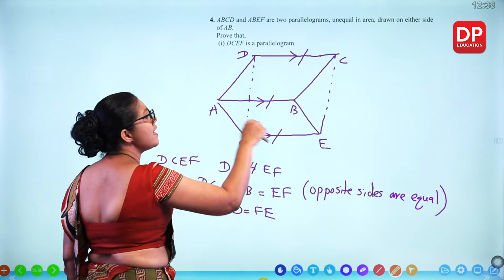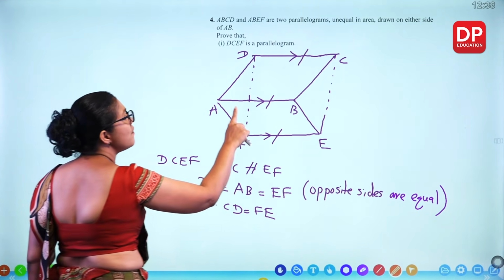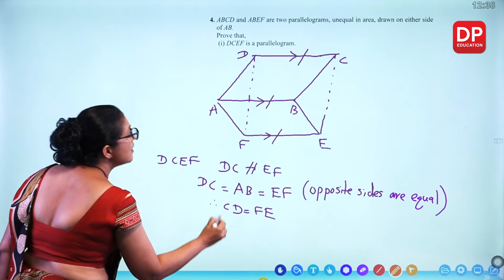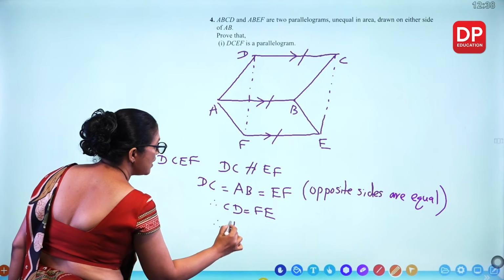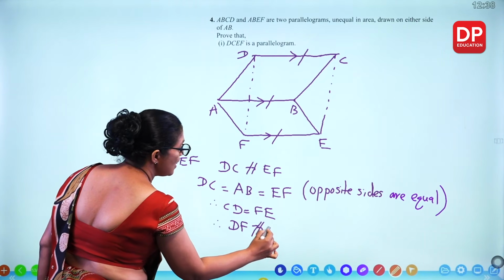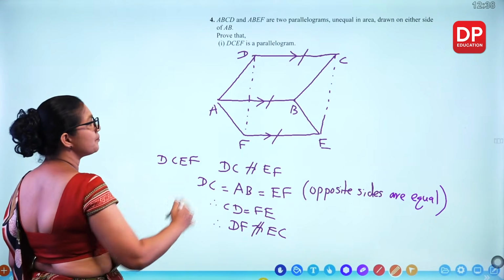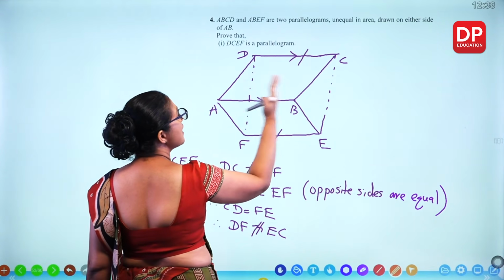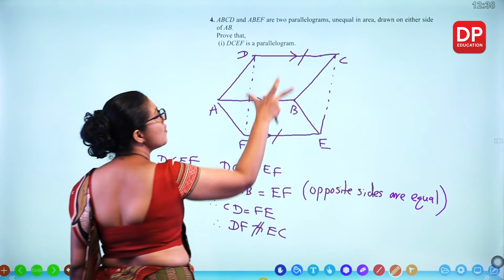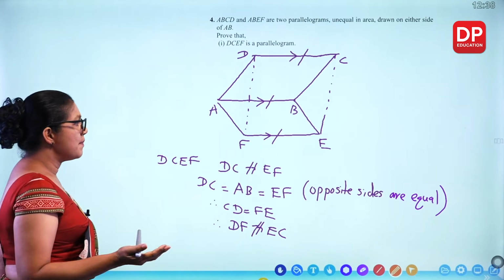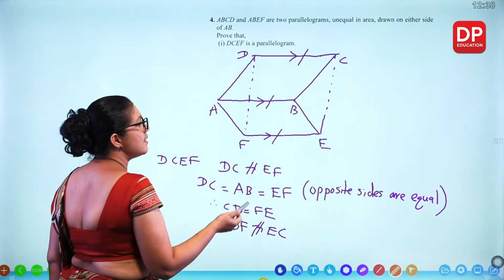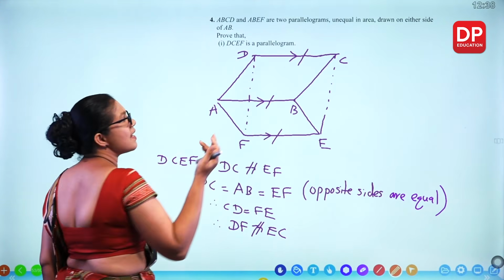If these are equal and parallel, definitely the opposite sides DF should be parallel to EC. So opposite sides are parallel and also these two lengths are equal.